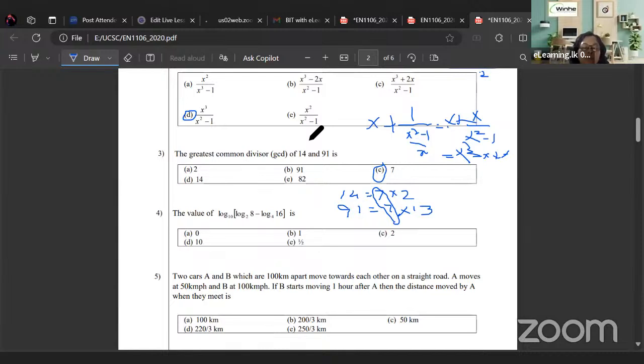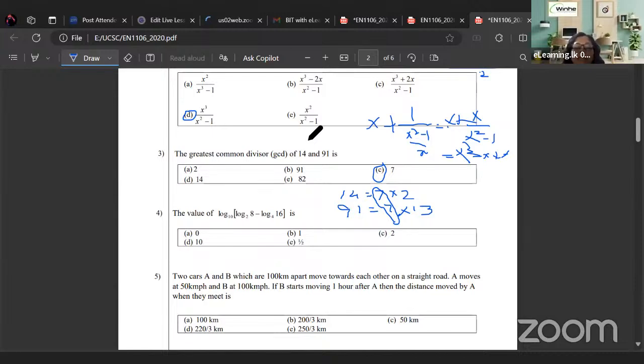of these two numbers. So if you have to find the greatest common divisor, first write each number as a multiplication of prime numbers. Then find the common prime numbers which both have, right?